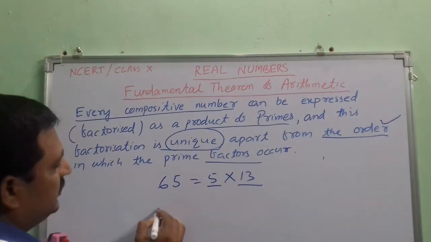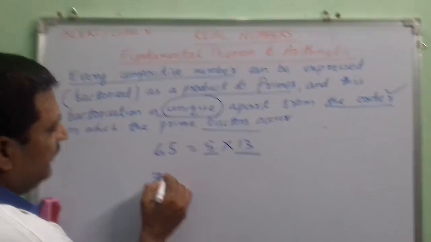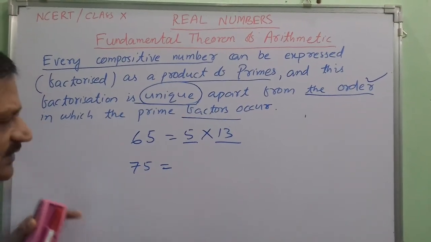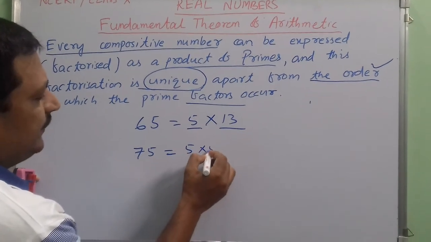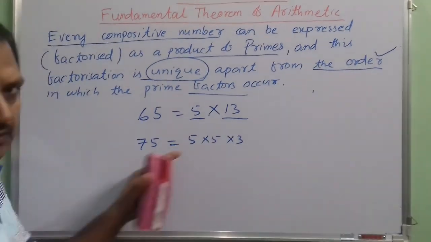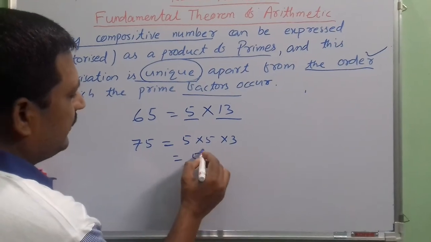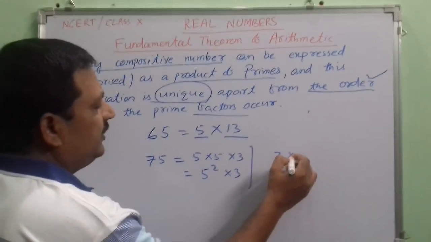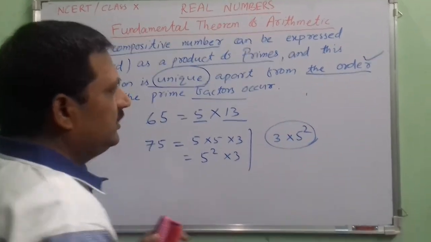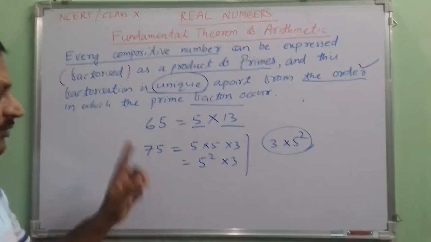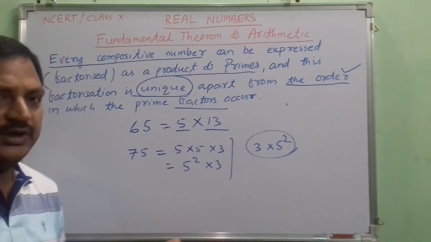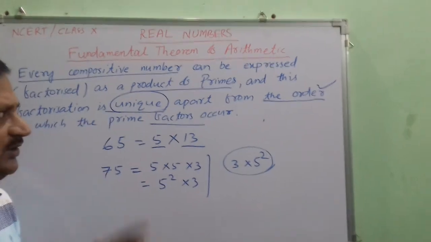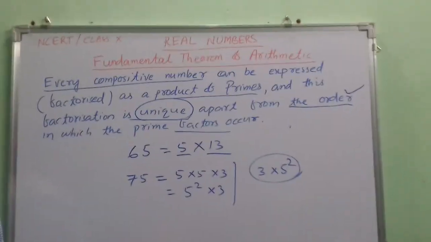Suppose we have 75. 75 can be written as 5 into 5 into 3, that is equal to 5 square into 3. And we can also write it as 3 into 5 square, no problem, because order is not so important, but the prime factors are important here, and 75 can only be expressed by 5 and 3. This is what the fundamental theorem of arithmetic says.